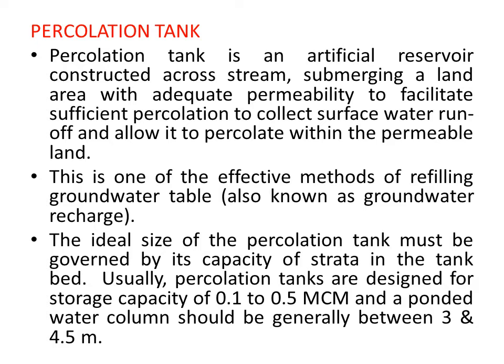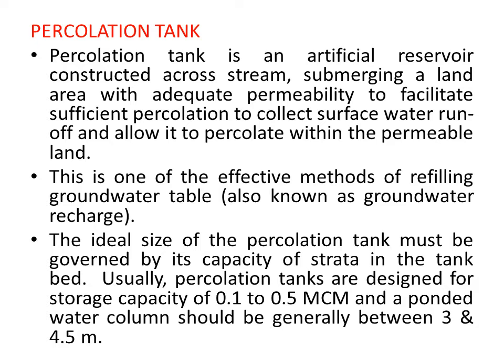The ideal size of the percolation tank must be governed by the capacity of the strata in the tank bed. Usually, percolation tanks are designed for a storage capacity of 0.1 to 0.5 million cubic meter, and the ponded water column should generally be between 3 to 4.5 meter.